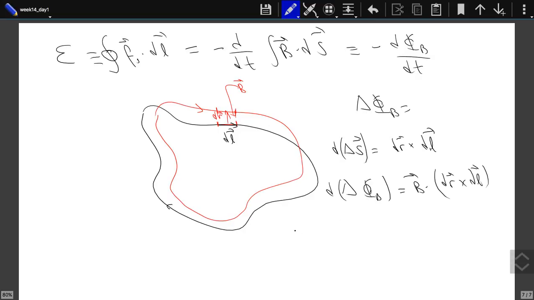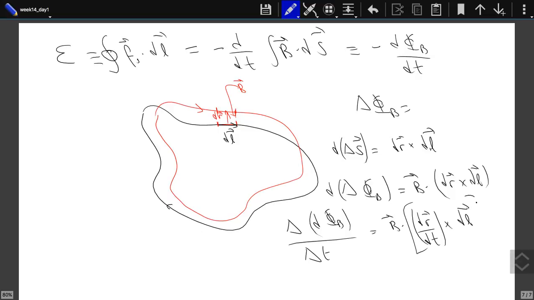Let me write it in this form, divided by delta t: the change in the flux due to that very small element within this amount of time delta t would be B dot dr over dt cross dl.